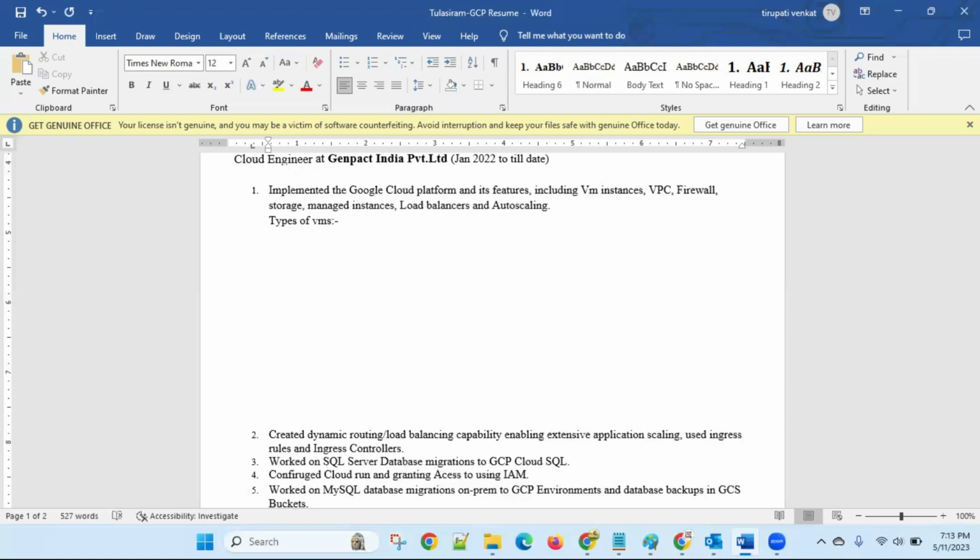And the first thing that you have to make in your environment is the types of VMs in your environment. What types of VMs are there in your environment? How many VMs approximately in a project?